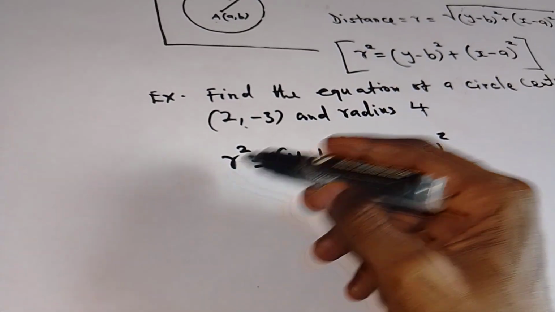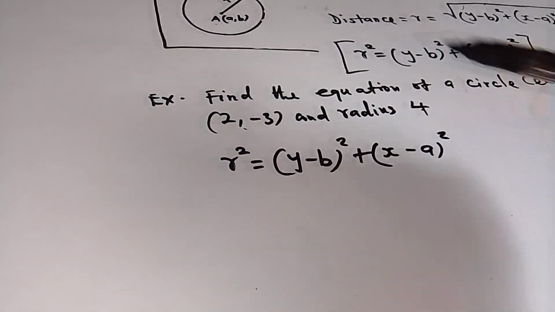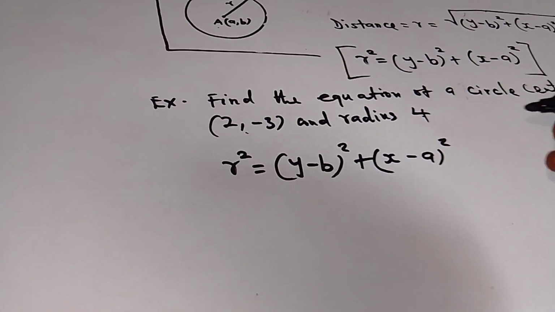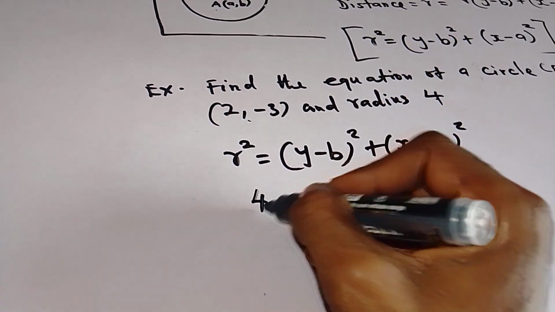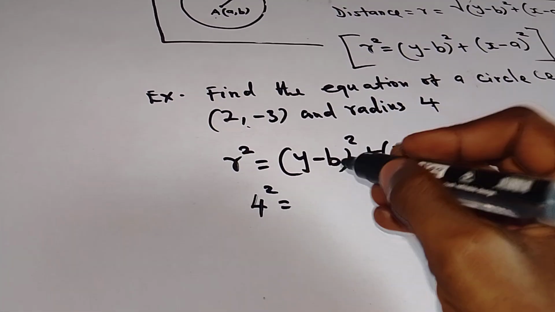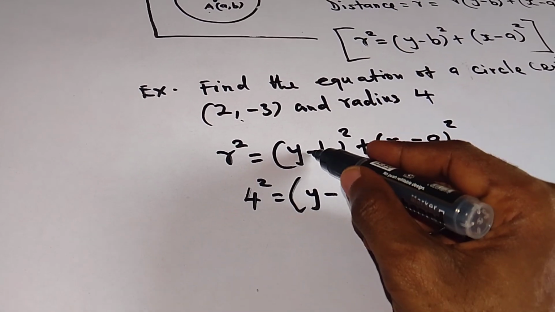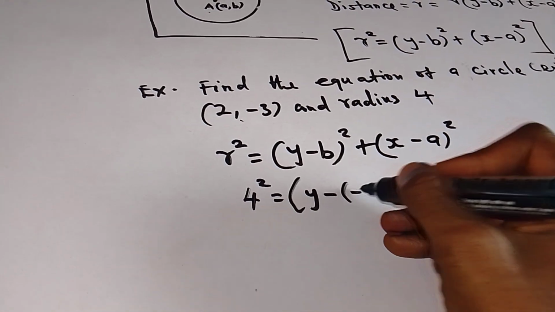So where we have r, we put in 4. Where we have a, we put in 2. Where we have b, we put in minus 3. So that's going to be 4 squared is equal to (y minus minus 3) squared.